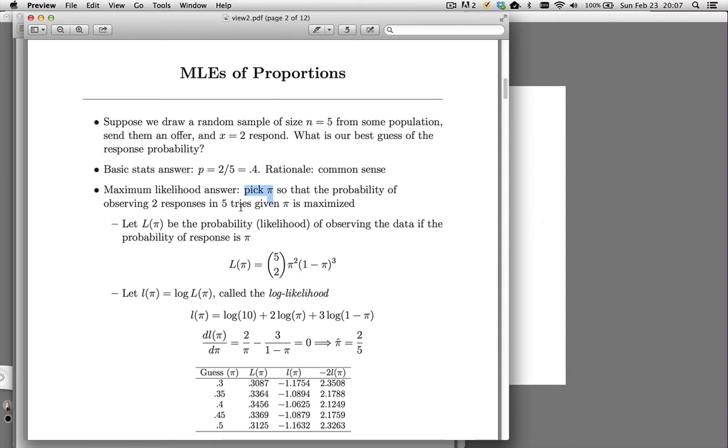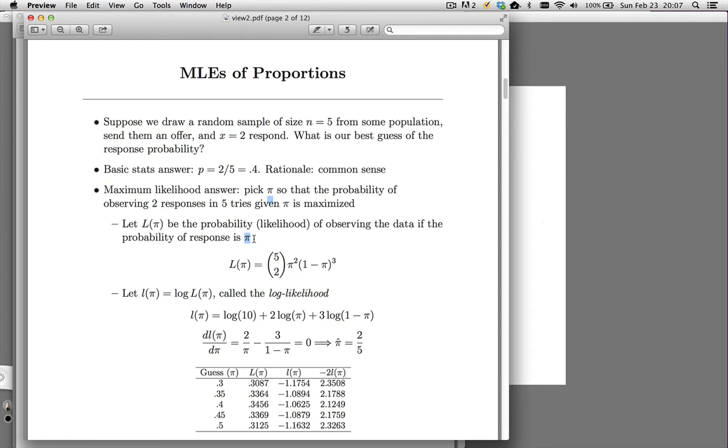All right, so let's do this. The first thing that we always have to do is to write out the likelihood of observing the data that we have as a function of the unknown parameter. Now, let's do this with what we learned in basic probability theory. So what we really have here is a binomial distribution.